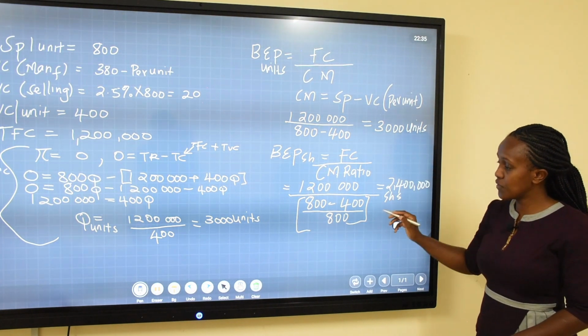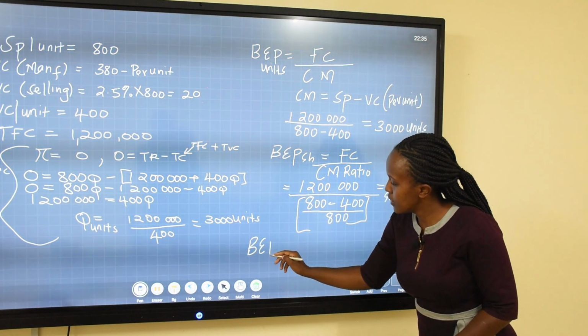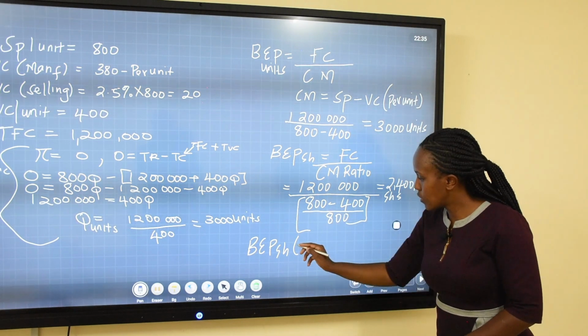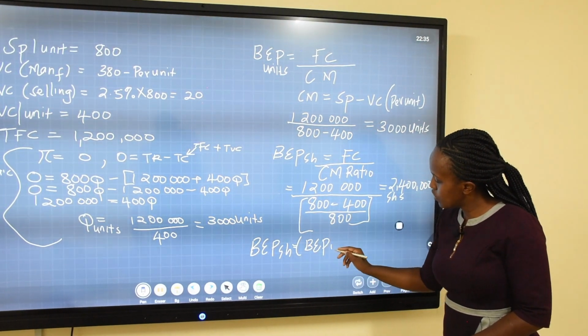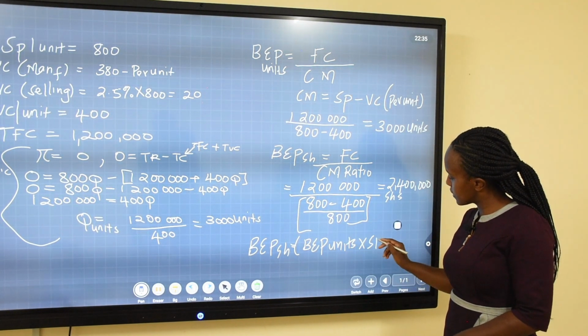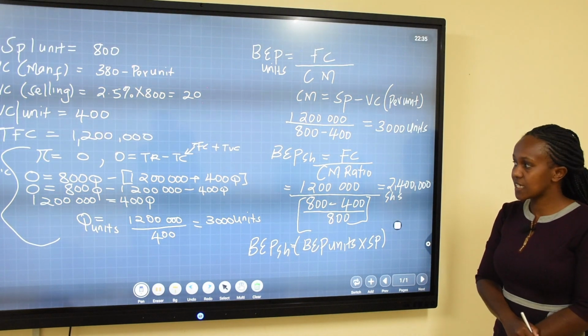Alternatively, you can say that BEP in shillings is also equal to BEP in units multiplied by the selling price. That's another way of getting the break-even point in shillings.